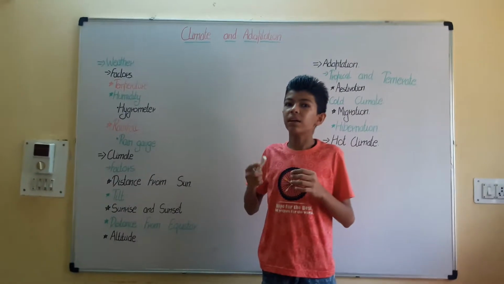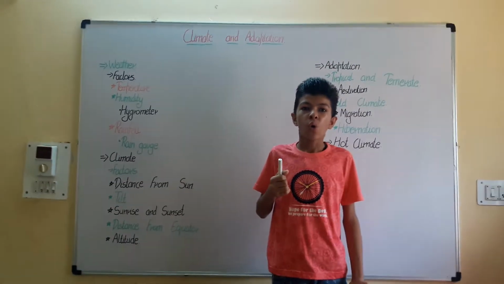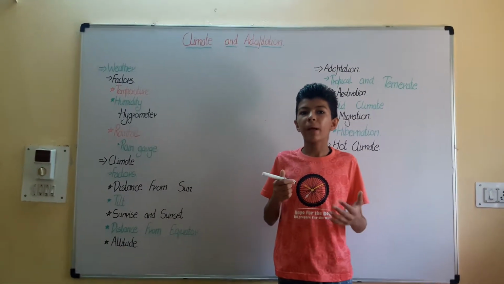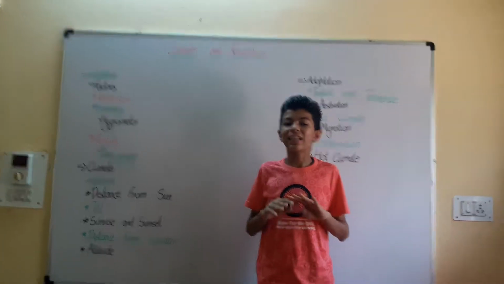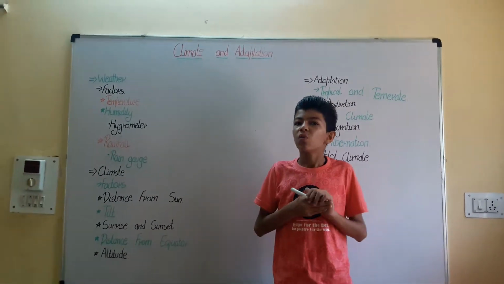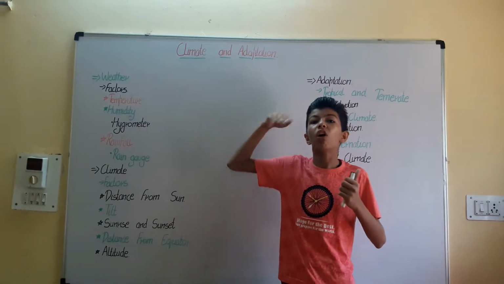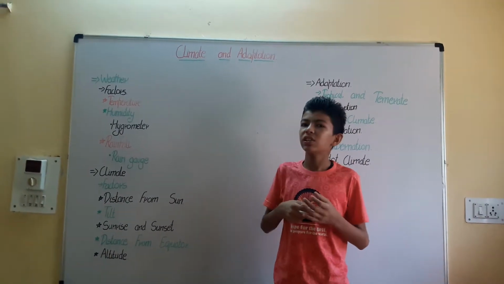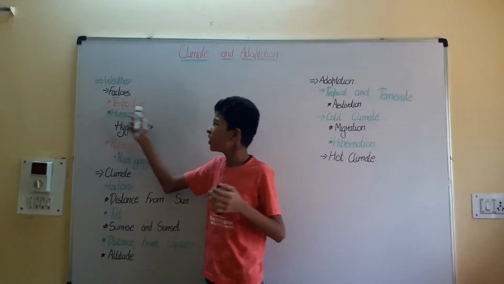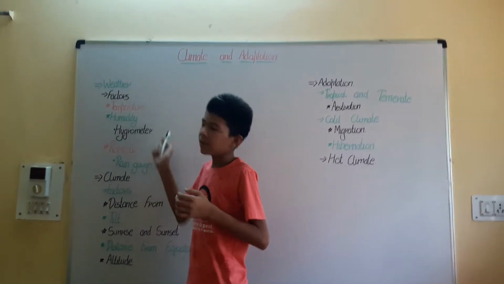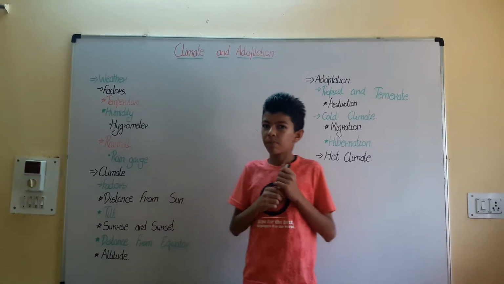And if sometimes the temperature is very low, what will happen? For a few days the rain will not come and all the moisture would be absorbed by the sun, so we will feel hot afterward. So weather also depends on the temperature of a particular region.